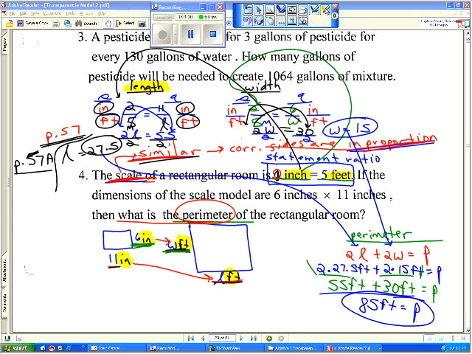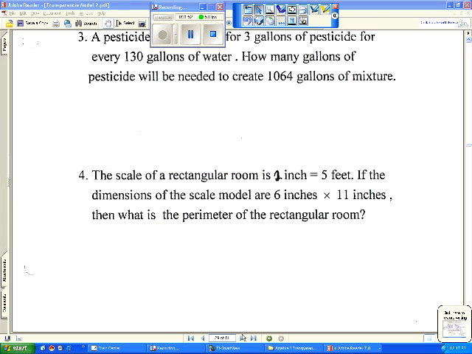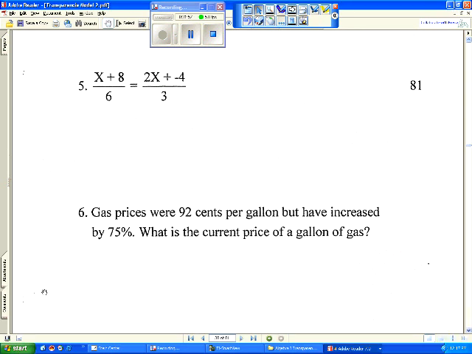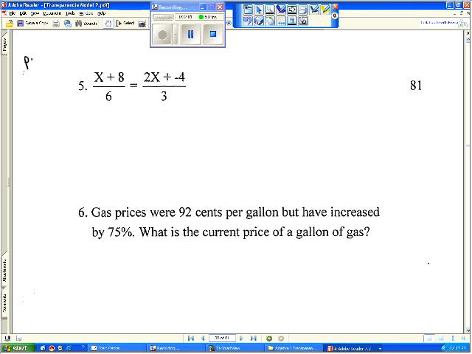So we find out how to do this problem on page 57 and 57A in the text. Any questions on number 4? Okay. Number 5. Number 5 is found on page 58 at the top. There are 2 examples.